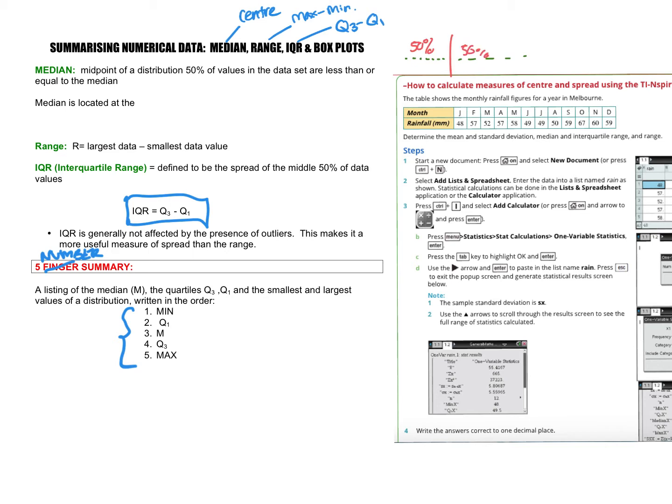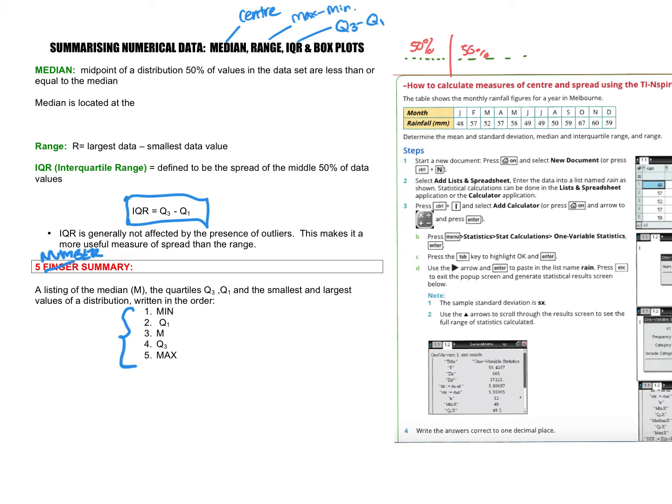So if you surveyed 100 people and got 100 people's heights, and we found the median height, there'd be 50 people below that number and 50 people above that number, because if we had 100, that's how the data goes.